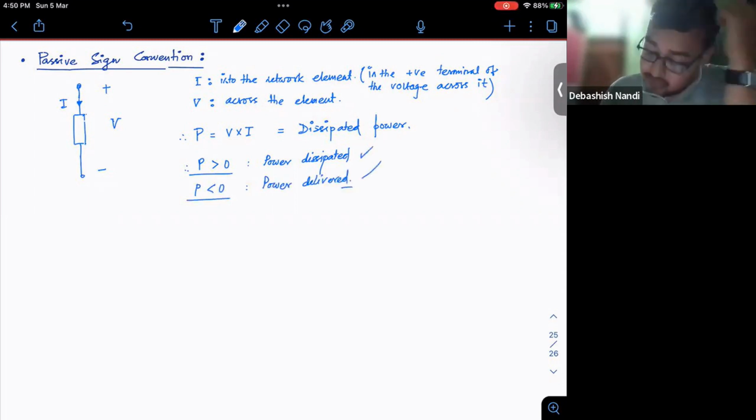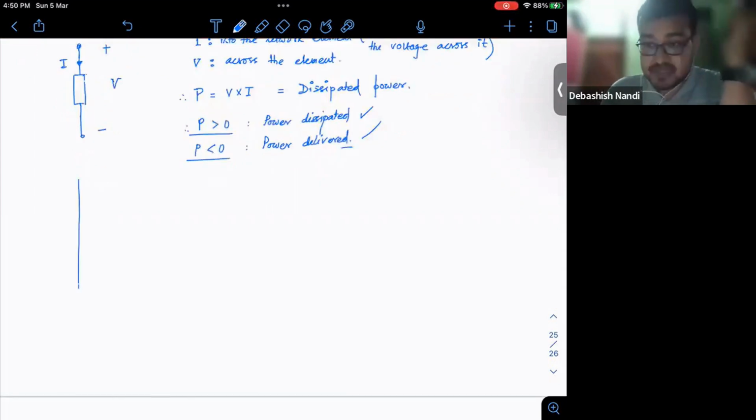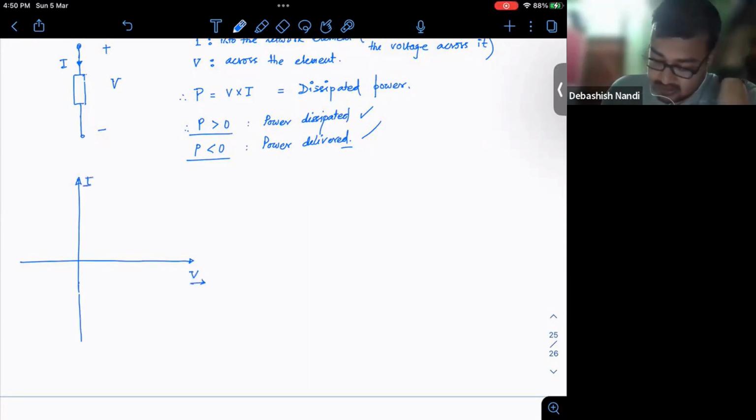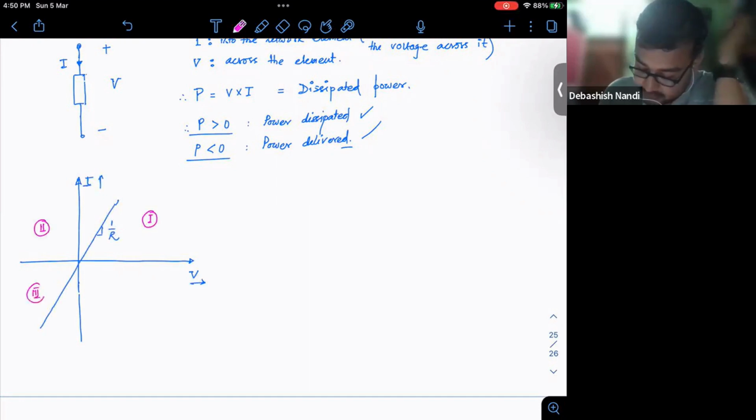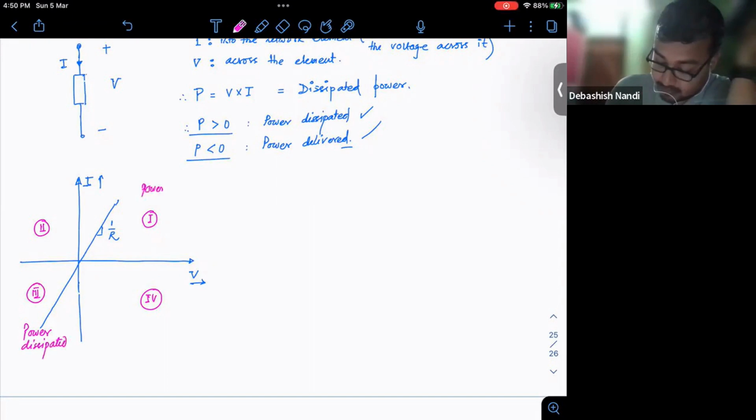Now, if I draw the IV characteristics of some elements, let's say the IV characteristics of a linear resistor, it will be like this with a certain slope 1 by R. If my IV characteristics lie in the first and third quadrant, then power is dissipated. Otherwise it is power delivered.